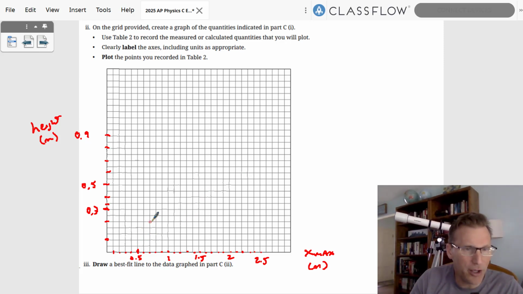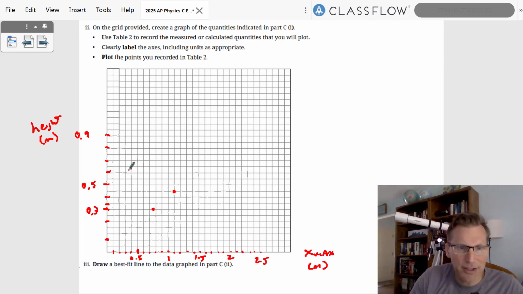So we have 0.3 on my height, and 0.76, which is going to be about right here. 0.45 is going to be right here, and 1.1.